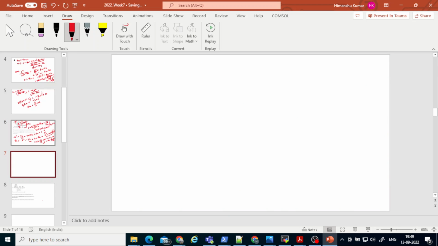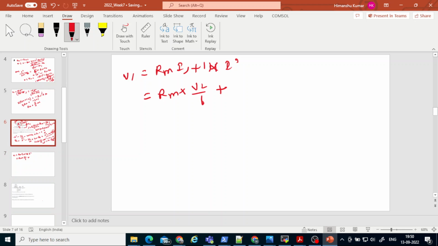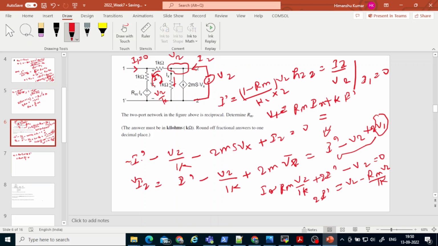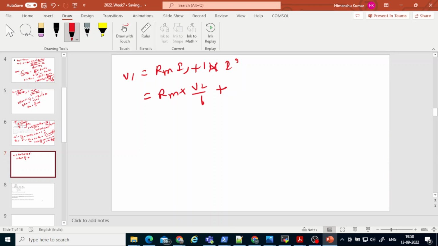So V1 equals Rm times Ix plus 1K times I dash, and Rm multiplied by Ix is V2 by 1 plus I dash, where I dash is 1 minus Rm times V2 by 2. So 1 minus Rm times V2 by 2.